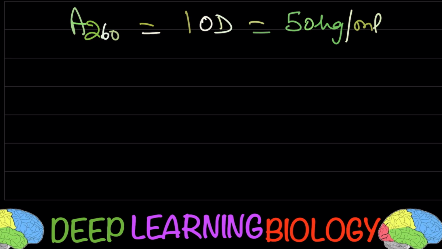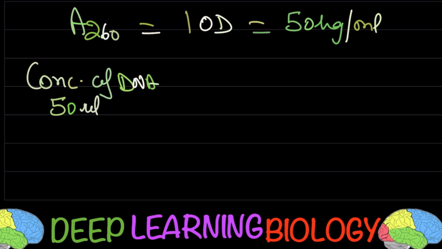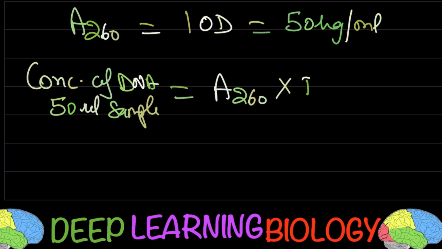If you want to calculate the concentration of DNA of the stock, the 50 microliter sample, it can be easily calculated: absorbance at 260 multiplied by dilution factor multiplied by 50 microgram per ml.